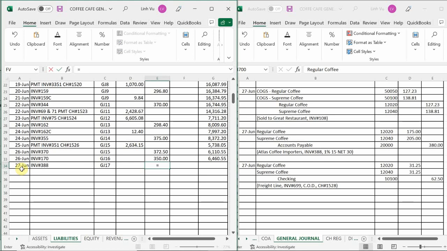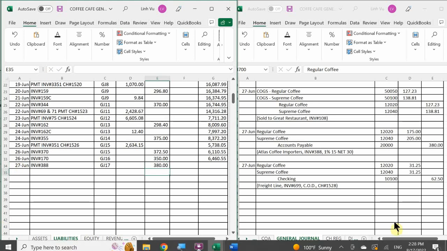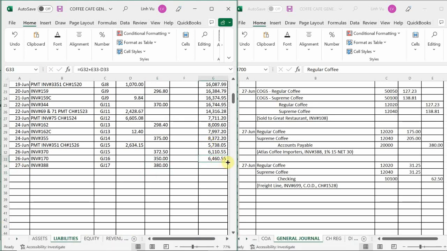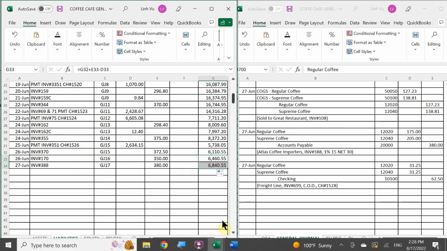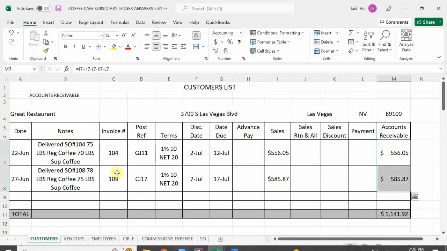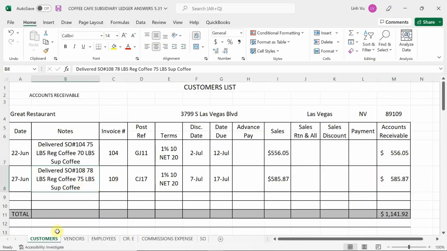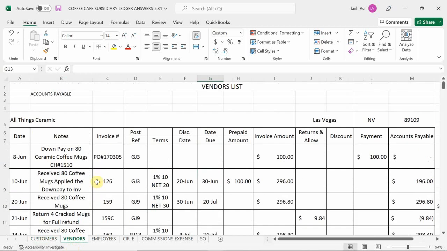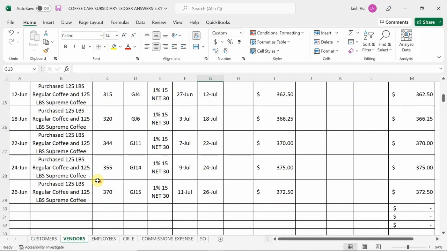Because it was 205 plus 175, which gave me 380. Okay, and then of course that should increase my account balance to $686,840.55. Okay, so that's the ledger. Then I gotta go update my subsidiary ledger because I owe Atlas Coffee Importers. So here they are.